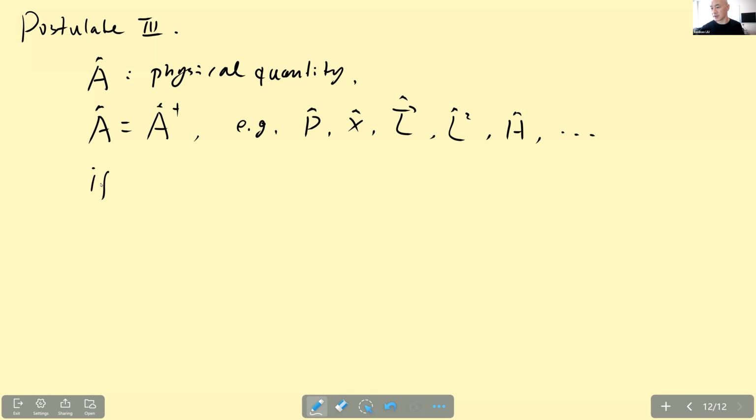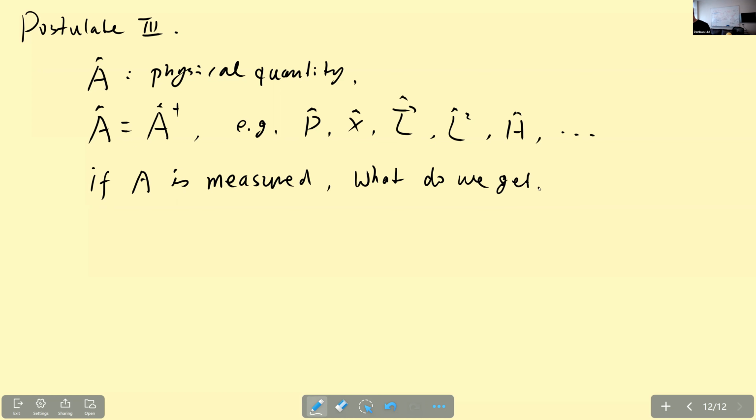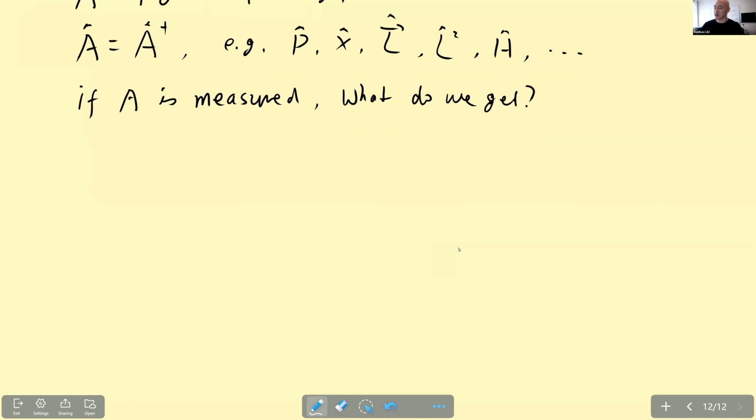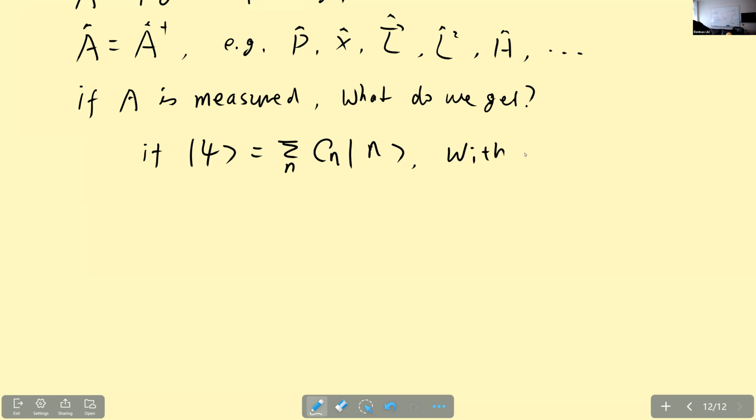And if A is measured, what do we get? Postulate 3 tells us that if psi equals the summation of c_m |m>, with A acting on |m> equals a_m |m>, that means these are the eigenstates of this operator.